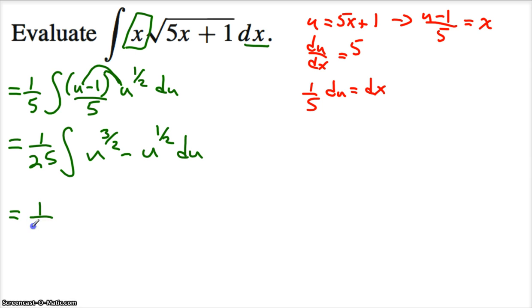Now I'll use power rules to figure out the antiderivatives. So we add 1 to 3/2, we get 5/2. And we need to divide by that exponent, so flip and multiply, we get 2/5.